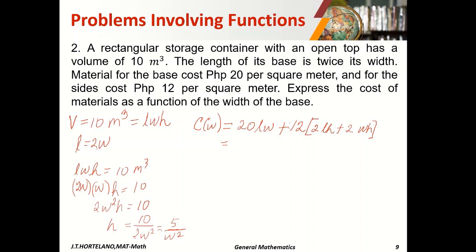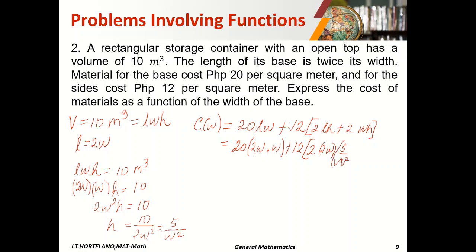Okay? So this will become 20 times length is 2W times W plus 12 times 2 times 2W times H is 5 over W squared.